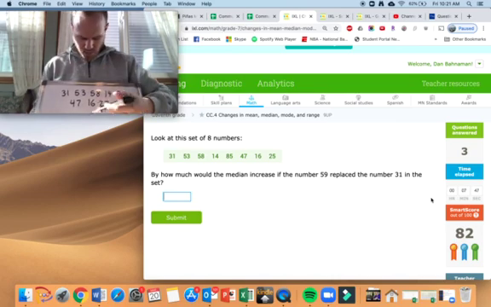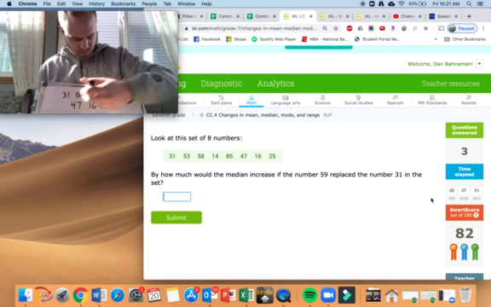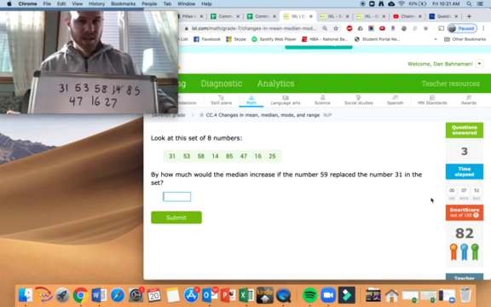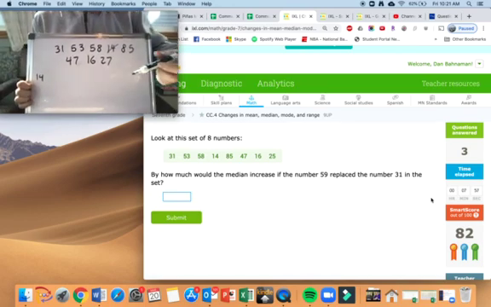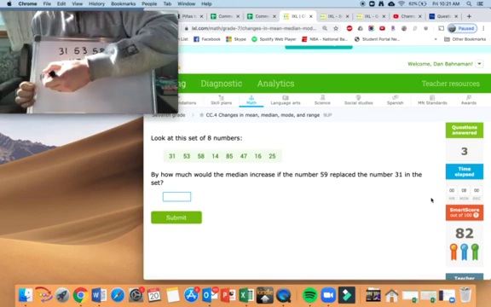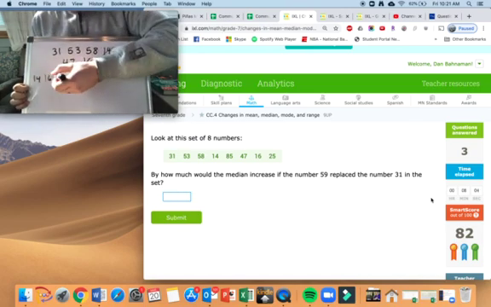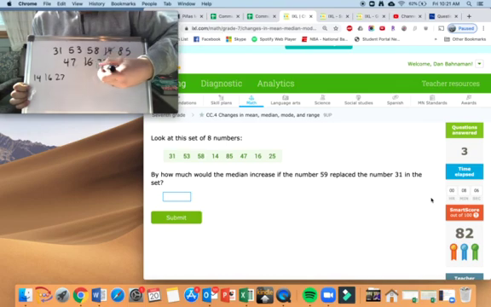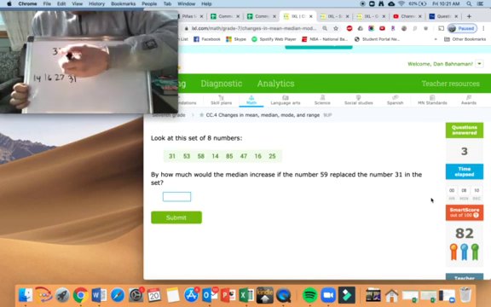So what I'm going to do is start with my smallest number, and that's 14. I like to cross it off on the top, and I say, okay, here's 14. Next, I have 16. Next, I have 27. And next, I have 31.